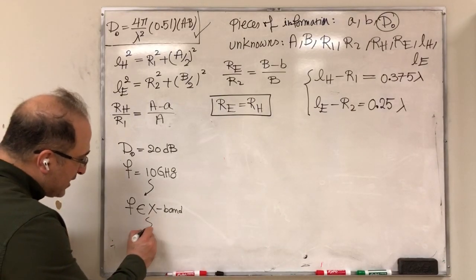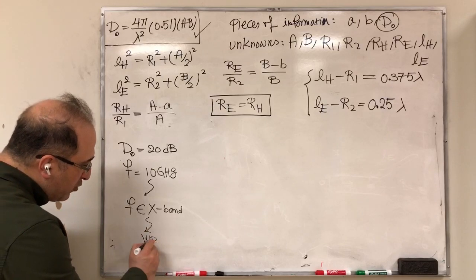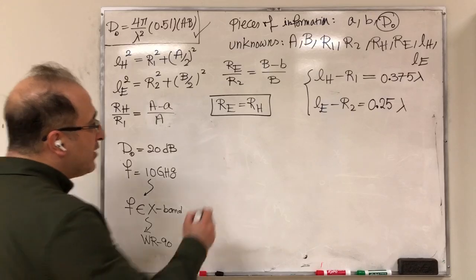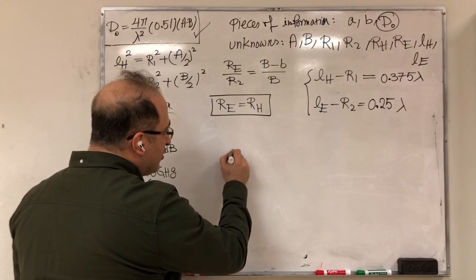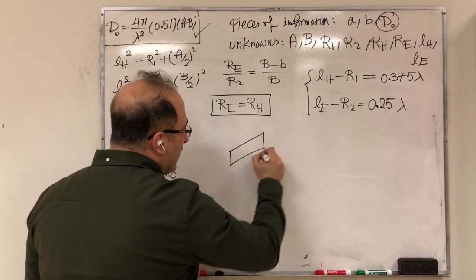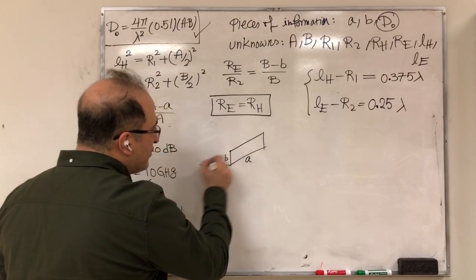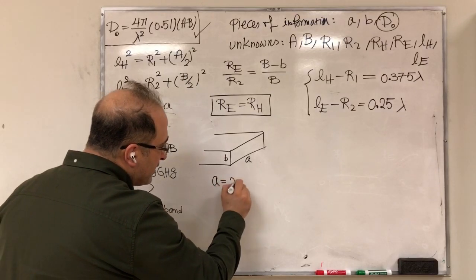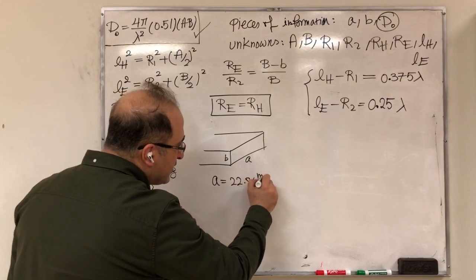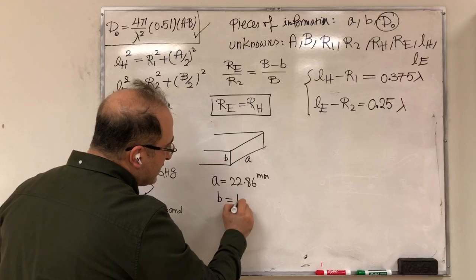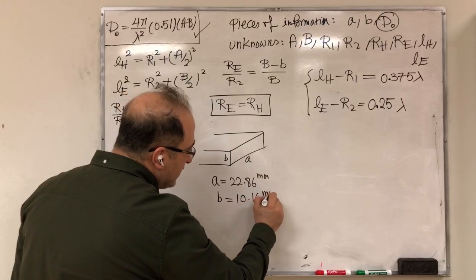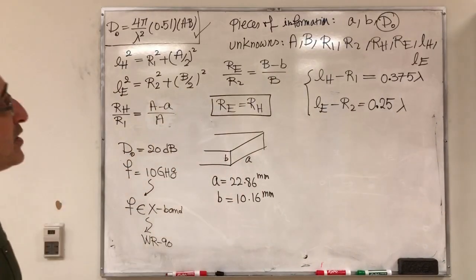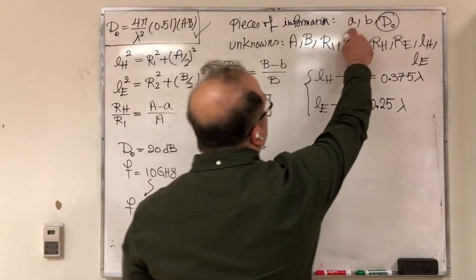And I know that in X band, the waveguide is WR90. Then I look at the size of the waveguide in WR90. And I know that the small a is 22.86 millimeter and b is 10.16 millimeter. So double check that. So these are the small a and b that we are supposed to have.